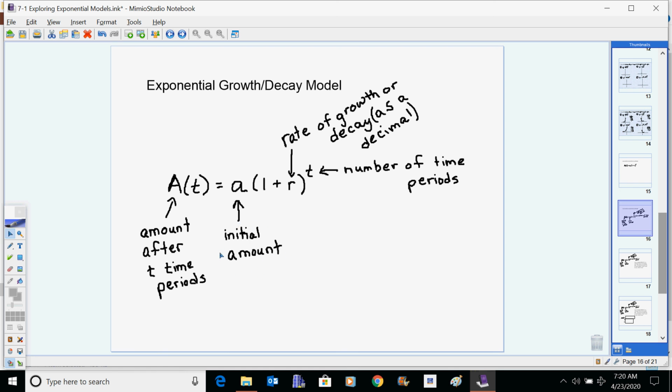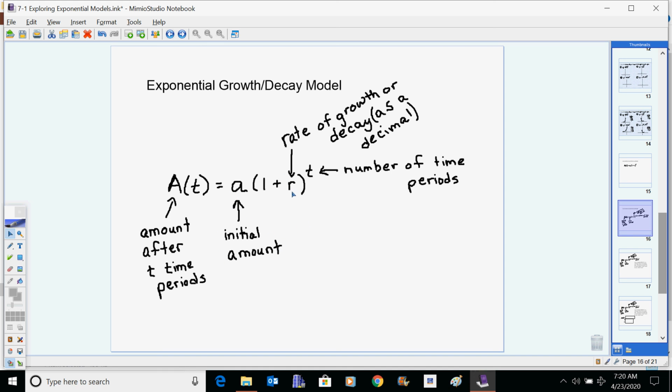So it can be the amount of money that you're investing, or it can be the original amount of bacteria that are in that petri dish that you're studying about, or a starting population of a certain endangered species, and you're hoping that you have an exponential growth of their population as you're putting them into their habitat and expecting the amount to grow. But the starting amount goes right here.